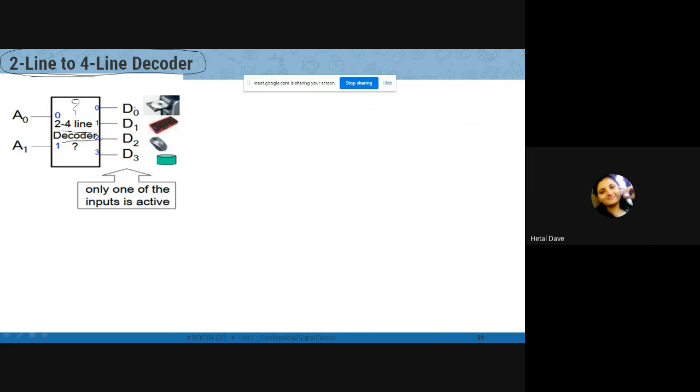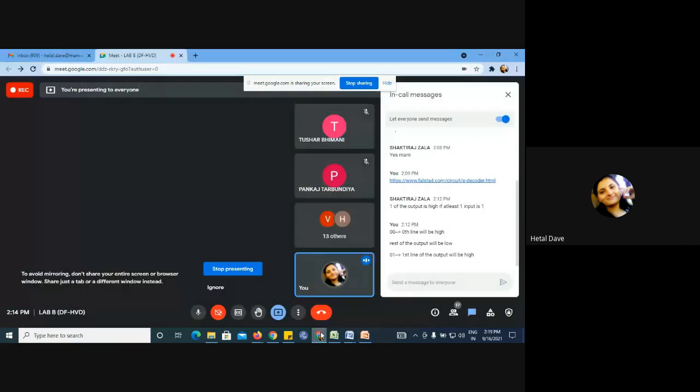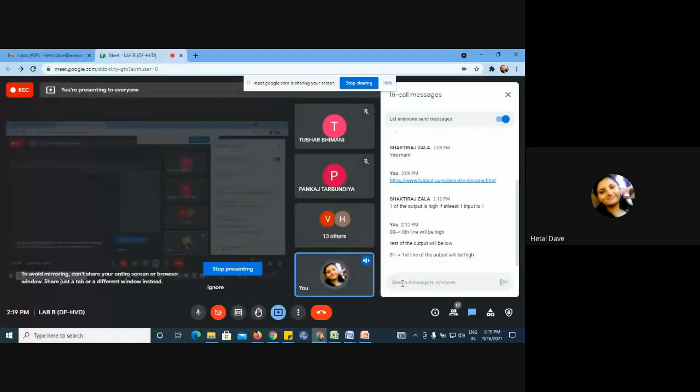Now here the output of this decoder is connected to 4 devices. What is the application of decoder? Can anyone tell me from this figure? First of all, can anyone tell me what can be the application of decoder? Where we can use decoder?